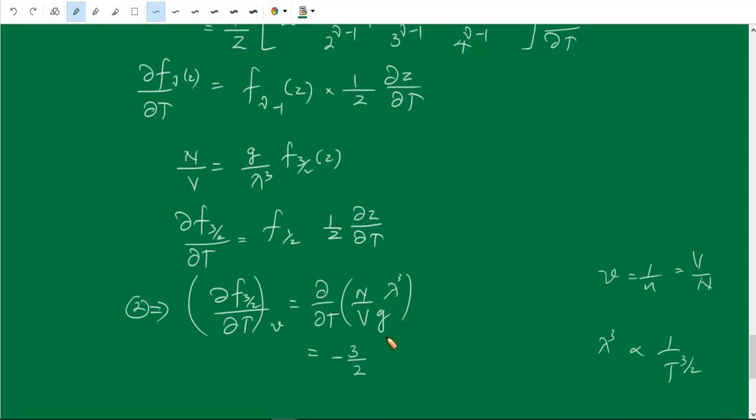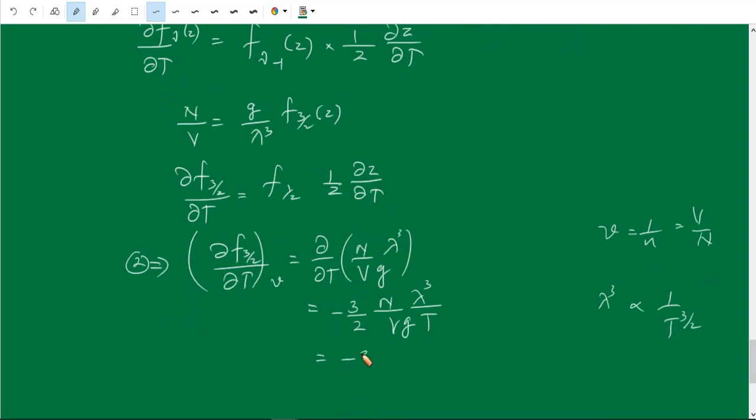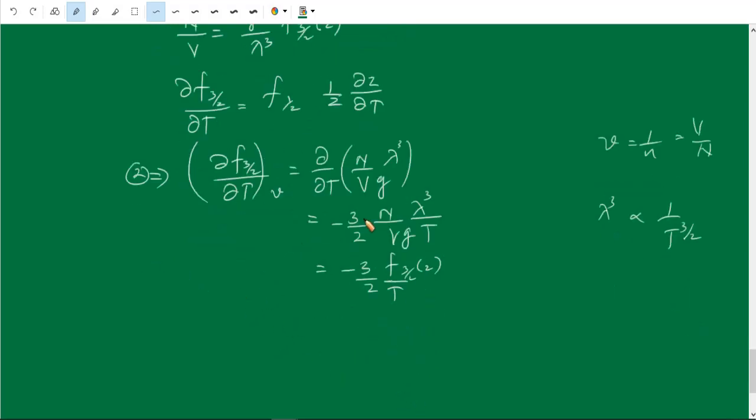So this can be written as T raised to 3 by 2 divided by T. So this will be N by V g lambda cube divided by T. Okay, so this can be written as minus 3 divided by 2 f3/2 of z divided by T. Okay, so we have expression for dou f3/2 by dou T is equal to f1/2 1 by z dou z by dou T. And this thing is minus 3 by 2 f3/2 divided by T.